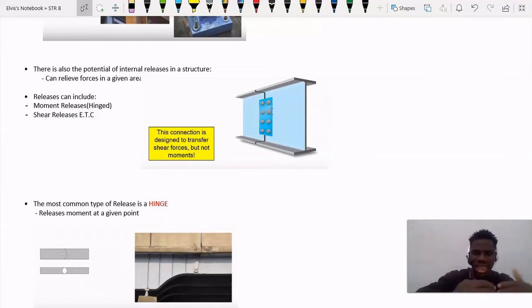This is going to connect these components together and give us a more rigid connection. So instead of using hinges, we tend to use splices with some series of plates, connecting the two components together.